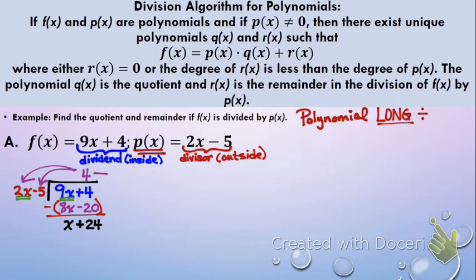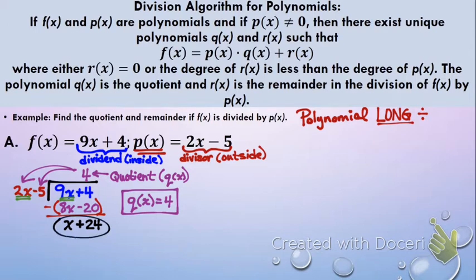Up on top, this is my quotient. This is q of x. So q of x is 4. And down on the bottom, this is my remainder.